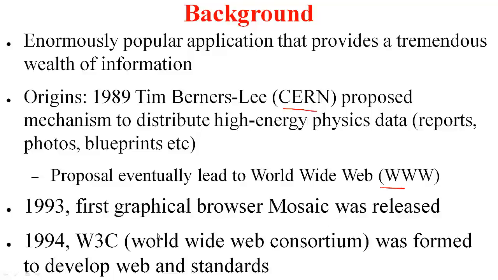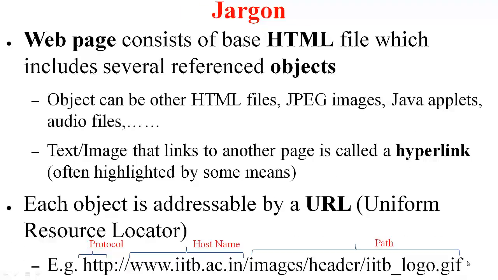Web became so popular that in 1994, W3C, that stands for World Wide Web Consortium, was formed to develop the web and the standards that support web. There's a lot of jargon associated with web. I think most of this jargon you're already familiar with, but let me still go over it.